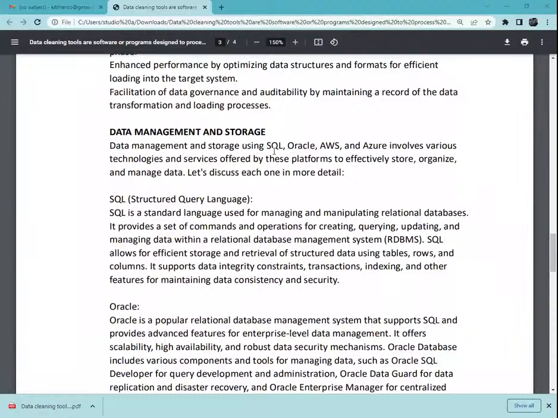Data management and storage using SQL, Oracle, the Amazon services AWS, very popular for storage of data, and the famous Azure, involves various technologies and the services offered by these platforms to effectively store, organize, and manage data. Let's discuss each one in more detail. We start with the Structured Query Language, SQL.